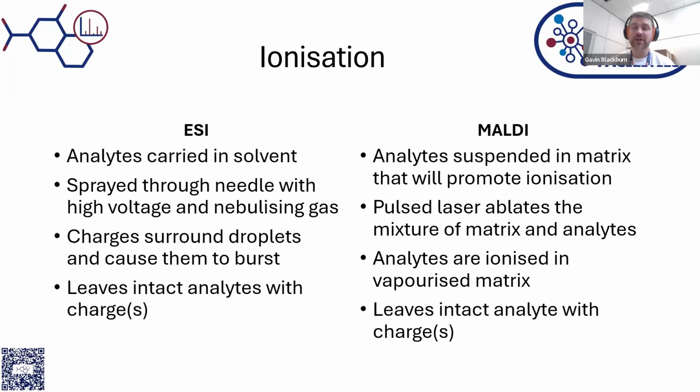This allows us to develop a really nice, stable technique that we can control and produce these molecular ions, these non-fragmented ions, so we can start to try and identify compounds. The analytes are ionized as this laser ablates the surface and causes vapor plumes to form, and it leaves those intact analytes behind.